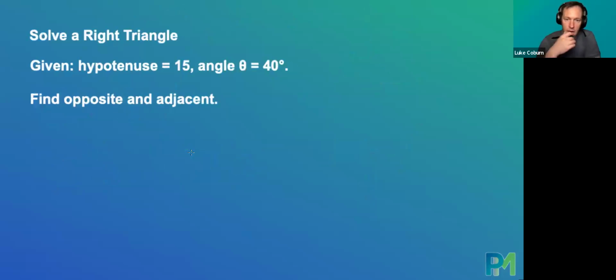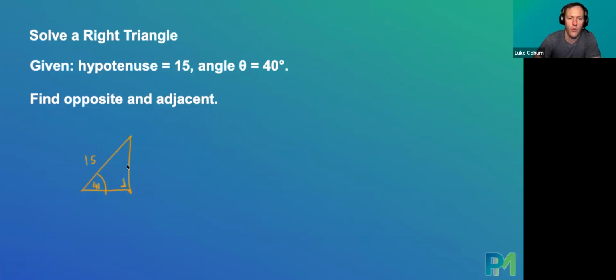Okay. So now it's say, given that the hypotenuse is 15 and the angle is equal to 40, find the opposite and the adjacent, basically. So I can draw my triangle, and the hypotenuse is 15. And this is my opposite.